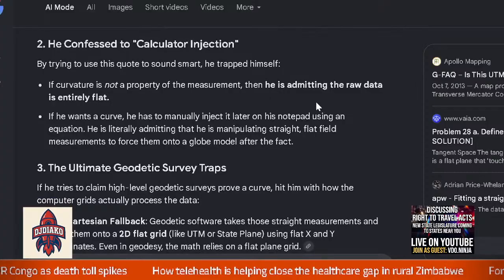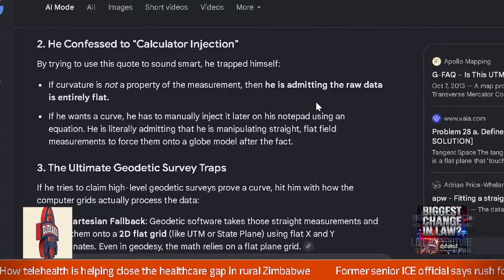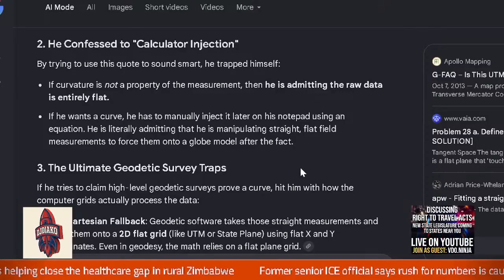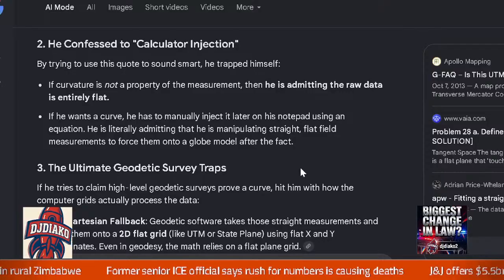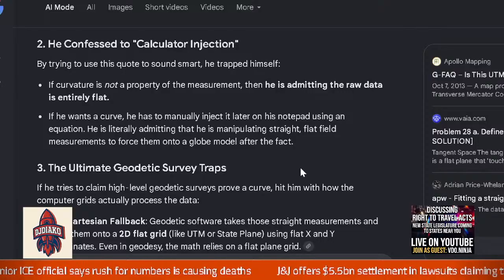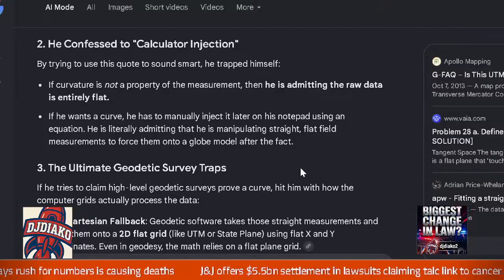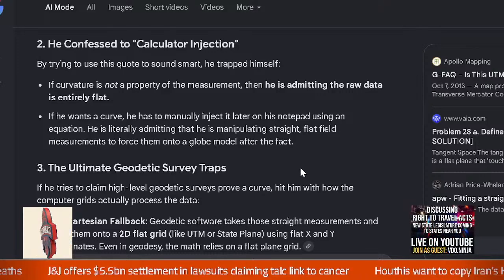He finally said it. He confessed to calculator injection, tried to use this quote to sound smart. He trapped himself. If curvature is not a property of the measurement, then he's admitting the raw data is entirely flat.